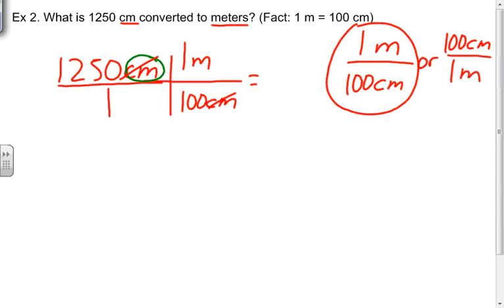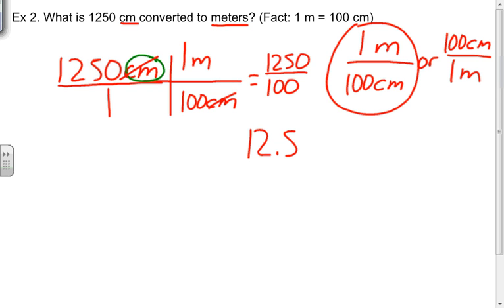Once I do that, next it's just like multiplying fractions. So I go straight across the top, 1250 times 1, which is 1250, and on the bottom I get 1 times 100. Finally, I simplify. So I do that on my calculator. 1250 divided by 100, and I get 12.5.